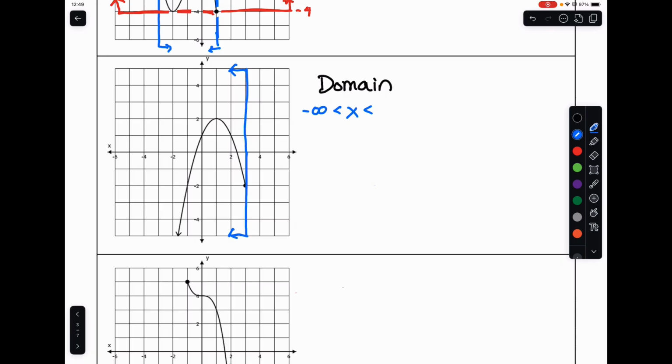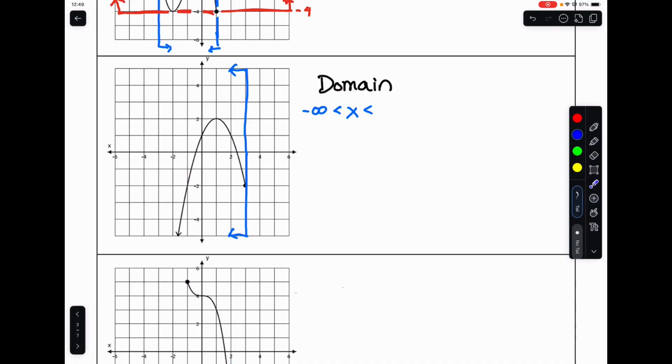Since there is no lower boundary, every time I find a lower boundary, the arrow indicates that it's going to continue moving to the left. So there will be another lower boundary, and then another, and another. I never stop finding lower boundaries. And again, that's why we have -infinity.